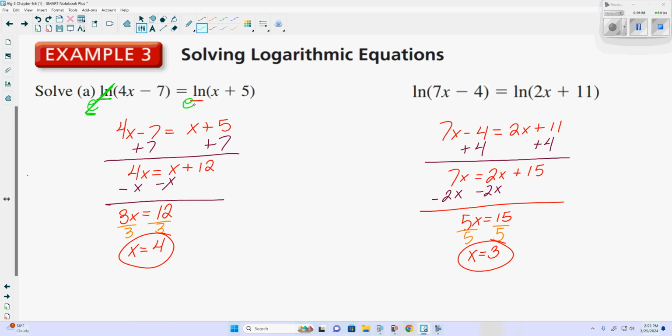If I do it to one side, I have to do it to the other. So it's telling us 4x minus 7 is equal to x plus 5. That's why this works, because we're really just putting both sides to the base of the logarithm, which in this case, both of these are e. Then it would do the same thing. That's why we have this one-to-one property.